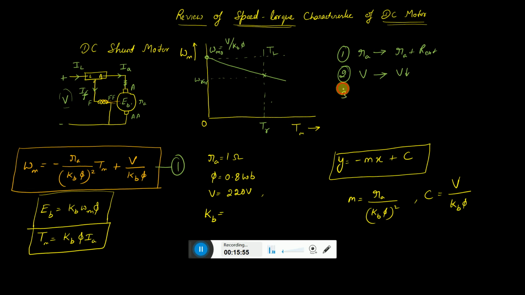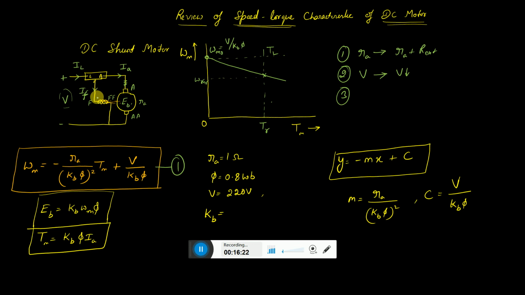Third option, what is that? The current which is going through the field winding. Because of this current IF, there is a flux which is linked with the armature. Now can you increase this IF? Because V is fixed and is not to be disturbed, is there any chance that you can increase the value of IF?